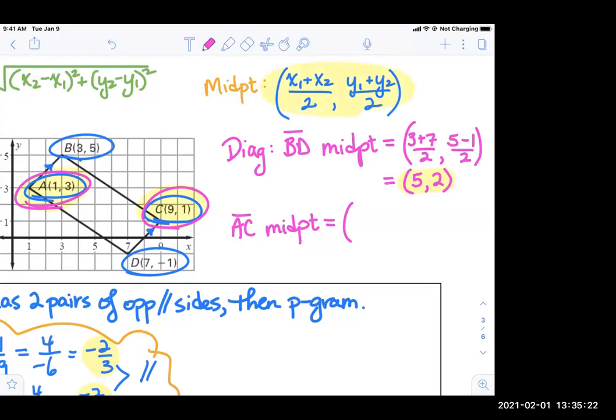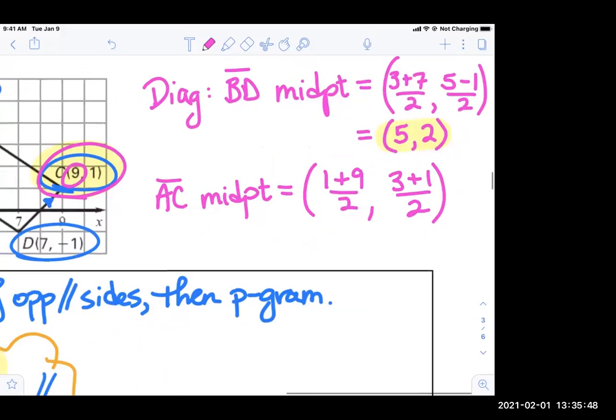Okay. 1 plus 9 over 2. Make sure you get the x's together. Okay, sorry, 1 plus 9 over 2. And then what about the y? 3 plus 1 over 2.